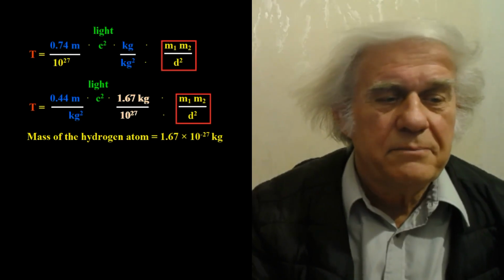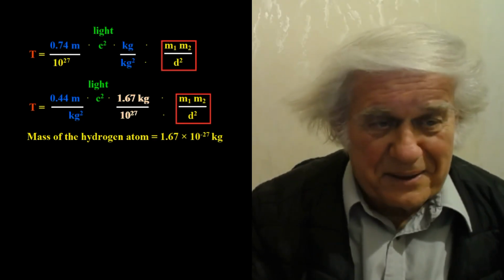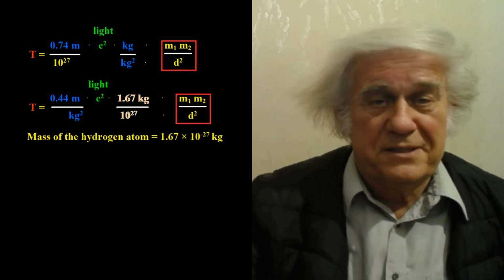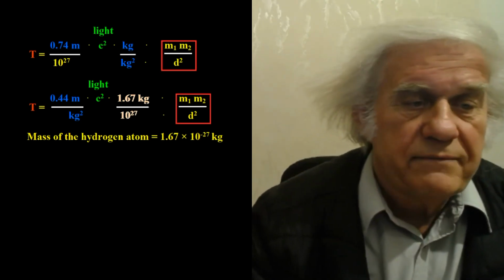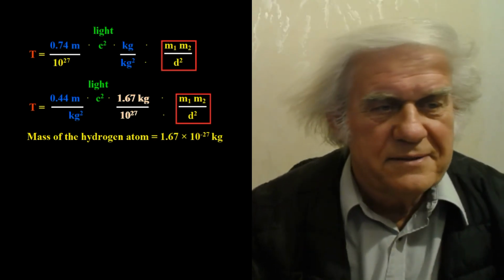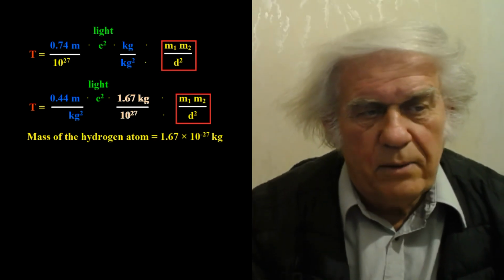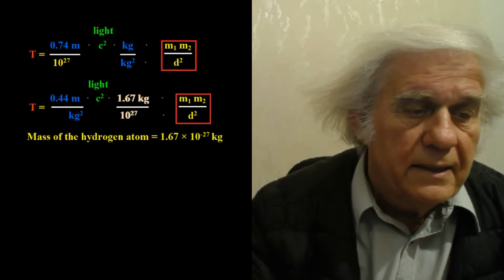Now, isn't that somewhat of a coincidence? I mean, you have to hand it to that equation that's just telling you what it is, okay? Mass of the hydrogen atom, 1.67 times 10 to the 27th, plus or minus whatever. We don't care about the little details, but we have the speed of light and the mass of the hydrogen atom, okay?